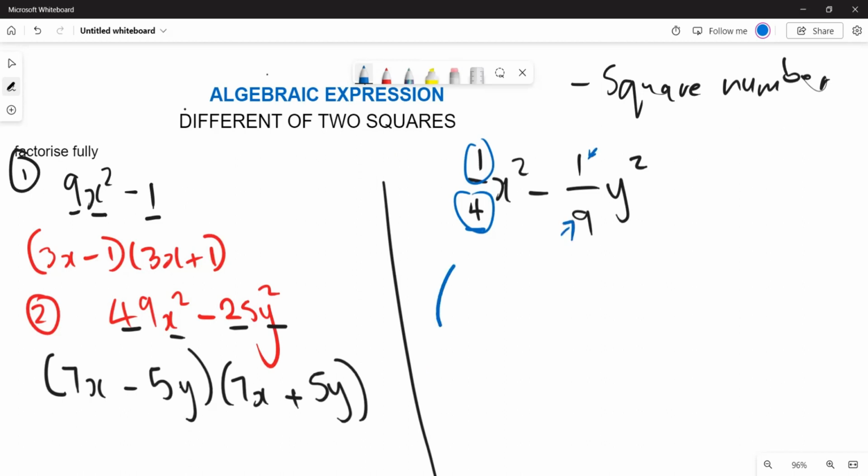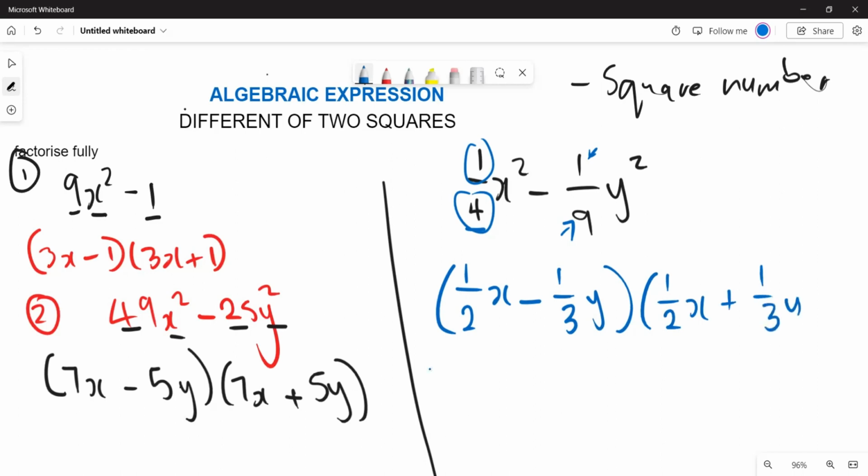So this is going to be 1 over 2x subtract 1 over 3y, and the other one is going to be 1 over 2x plus 1 over 3y, right? Now you have solved this example on the difference of two squares.